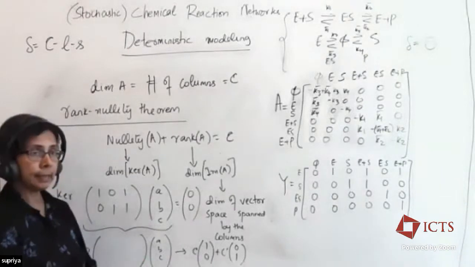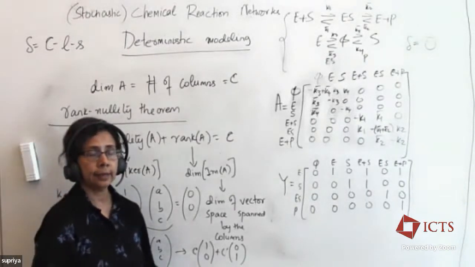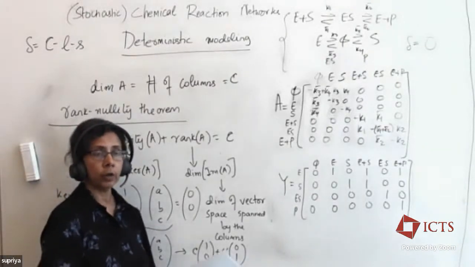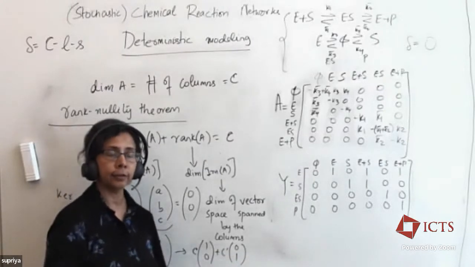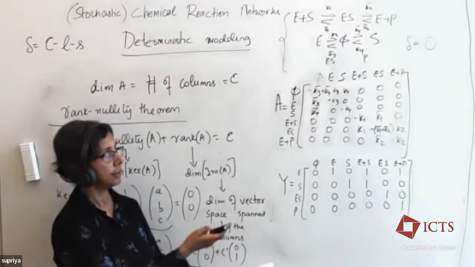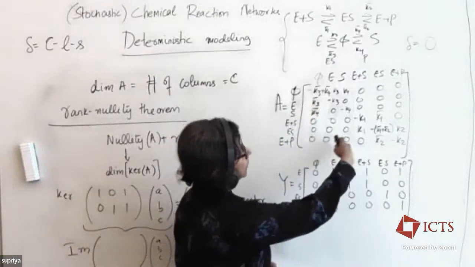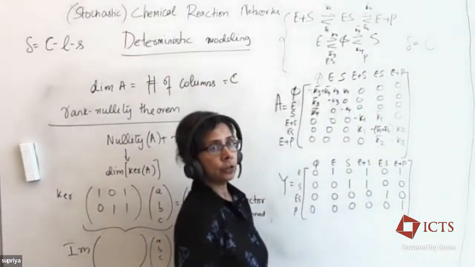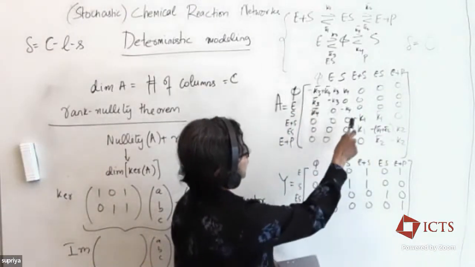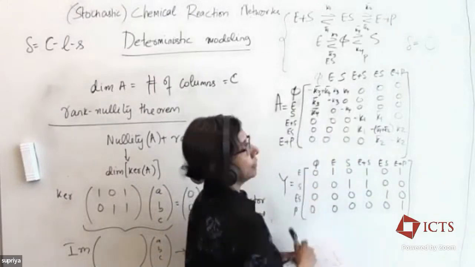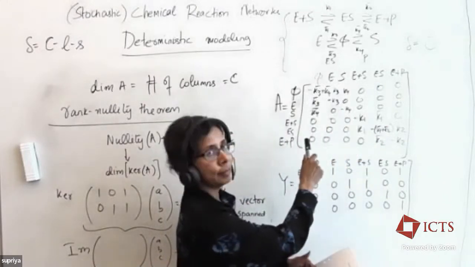So the image of something is not a difficult thing to find. If you give me a matrix, it's not difficult to look at it and see what the image is. How many independent column vectors are there? So for example, what's the image of this A?